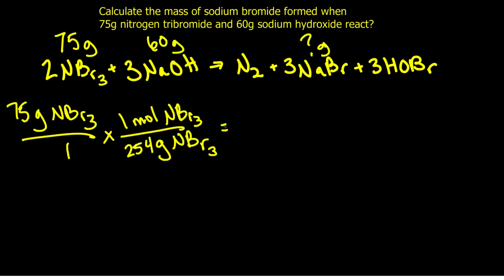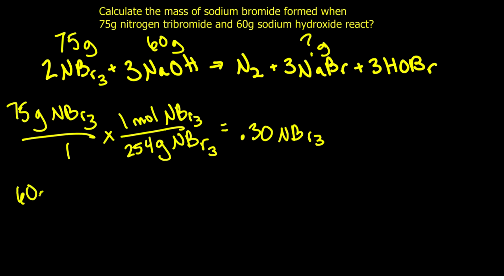So I do 75 times 1 divided by 254, and I'm going to have 0.3 moles, and I am rounding that from 0.295 to 0.30 moles of nitrogen tribromide.